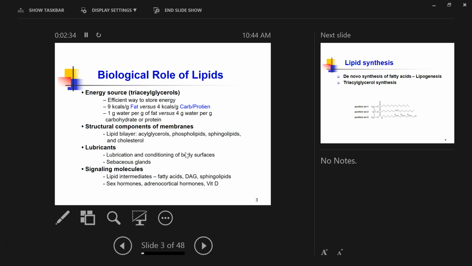And lipid or fat oxidation actually is a pretty efficient way, in terms of energy store. For example, if we burn 1 gram of fat, we're able to generate 9 kcal of energy, compared to only 4 cal of energy per gram of carbohydrate or protein.